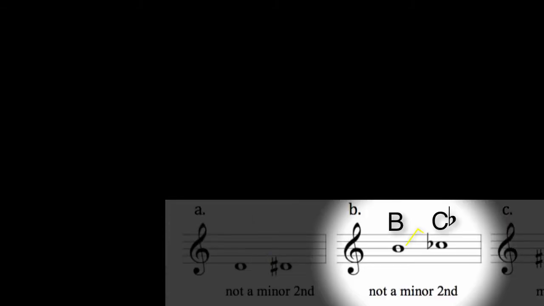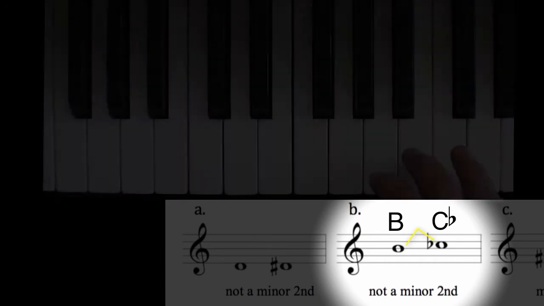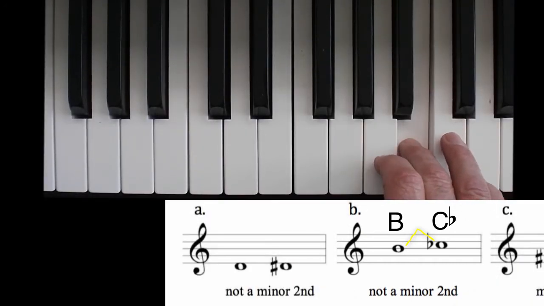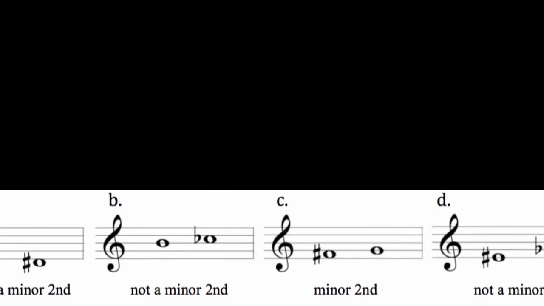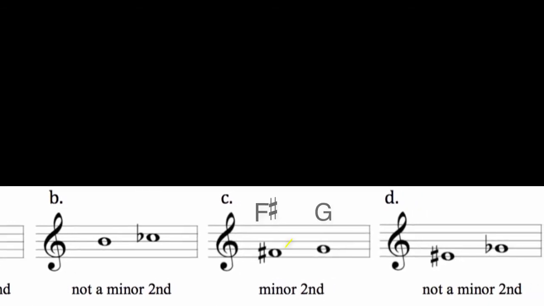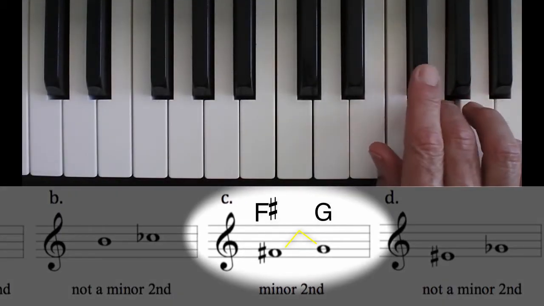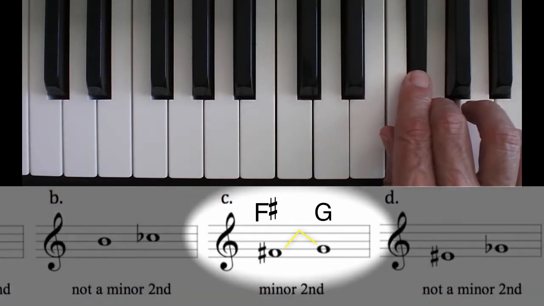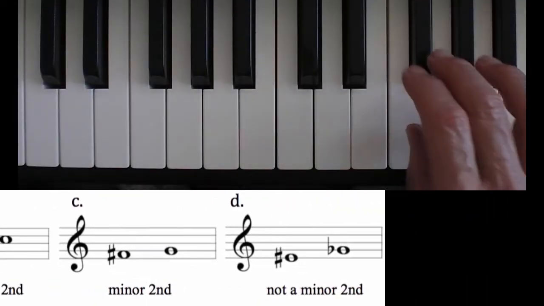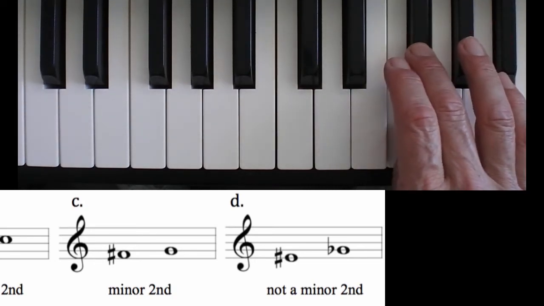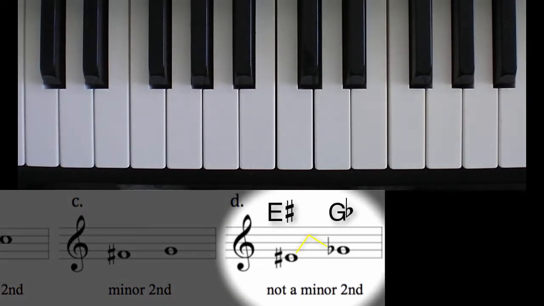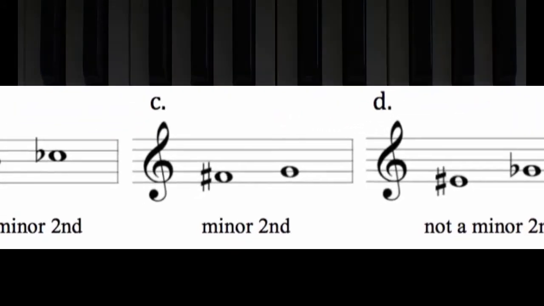In B, it is a second, but it is not a half step. In C, it is a half step and it is also a second. Therefore, it is a minor second. And in D, it is a half step but it is not a second. As you can see, only C is a minor second.